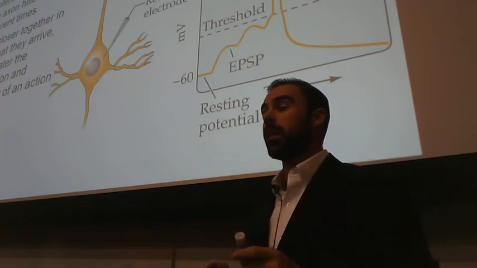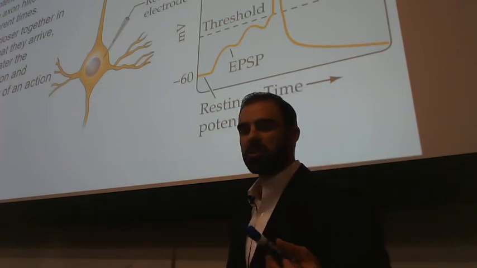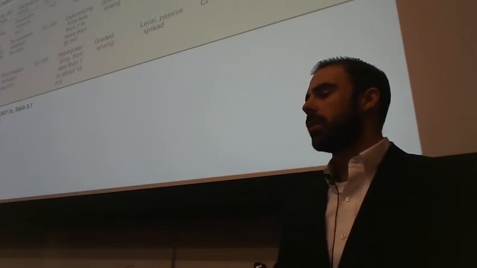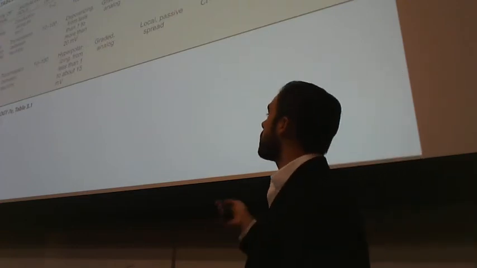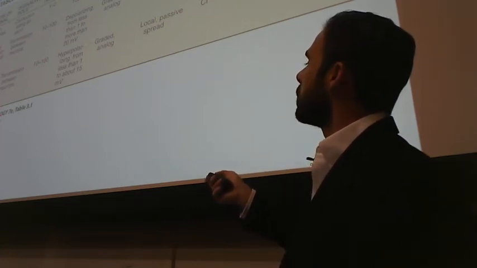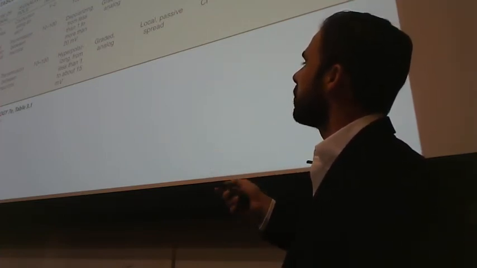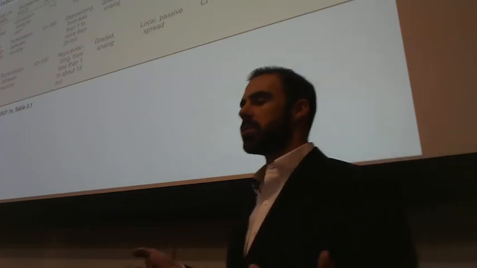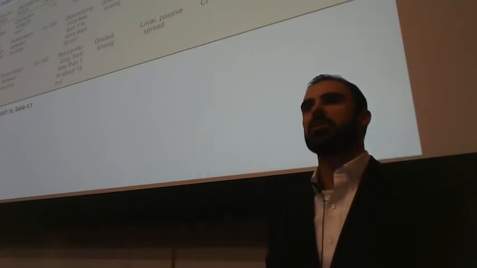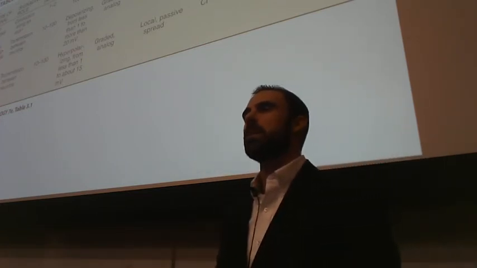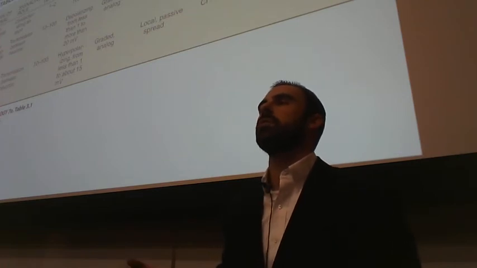Yeah. All right. So, spatial and temporal summation. If you're interested in more of the details, one way to study this is to make yourself a table. Here, the publisher has already made you a simple table about the types of electrical signals that are happening, right? We have action potentials, EPSPs, IPSPs. Tables are boring to read.